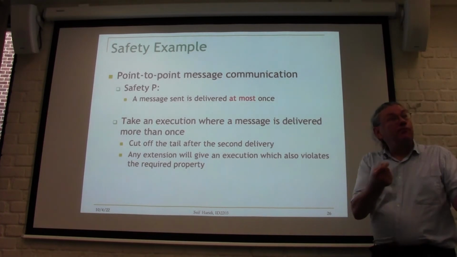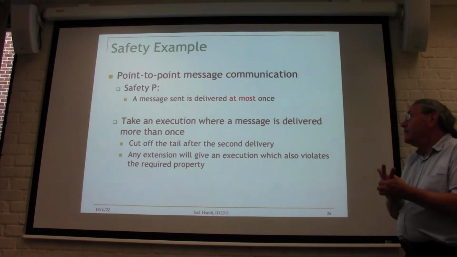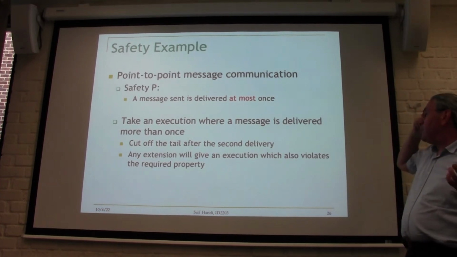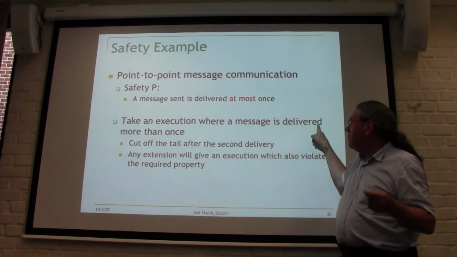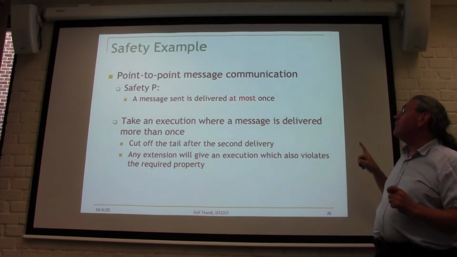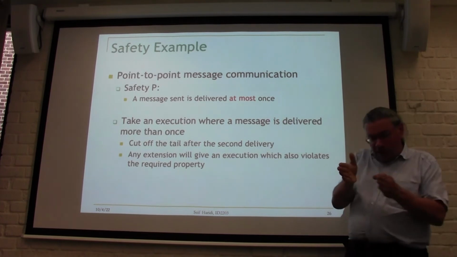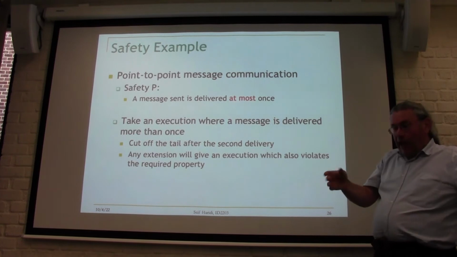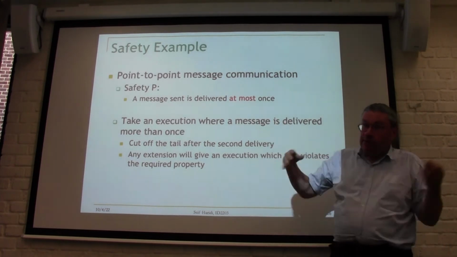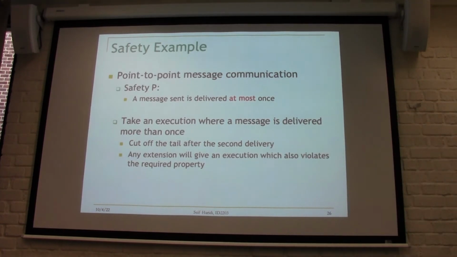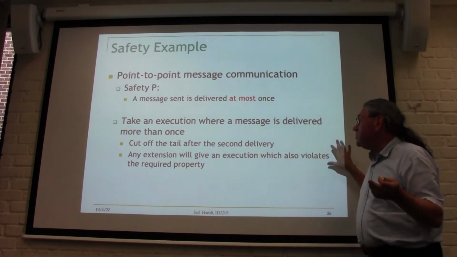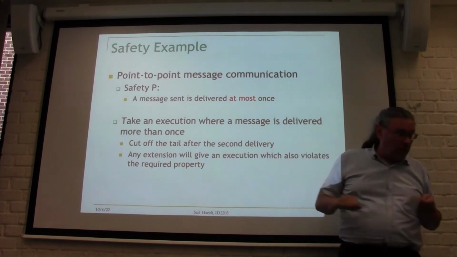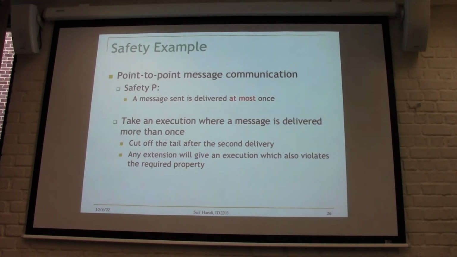If the message is delivered twice, the property is broken. You cannot undeliver a message. So you take an execution where a message is delivered more than once, and at the point when it's delivered twice, you cut it off, so you have a prefix, and in any extension of that prefix the message will be delivered more than once. They will all violate the property. Once the message is delivered more than once, it's all over.